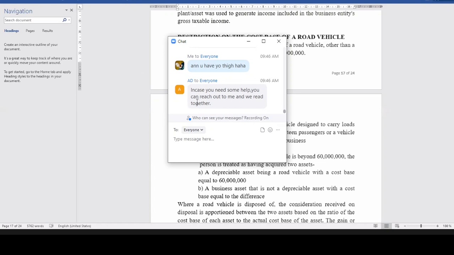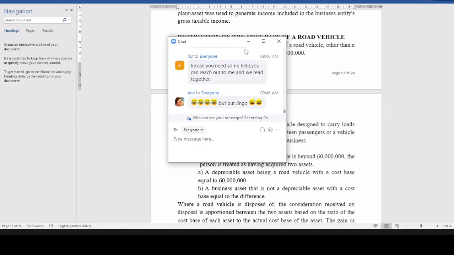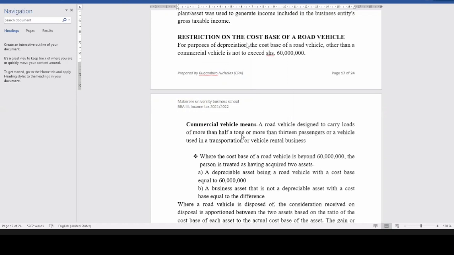When you check under commercial road vehicle, it means a road vehicle designed to carry loads of more than half a ton or more than 13 passengers, or used in transportation or vehicle rental business. That is a commercial vehicle.